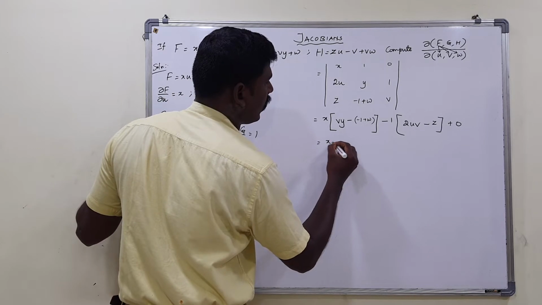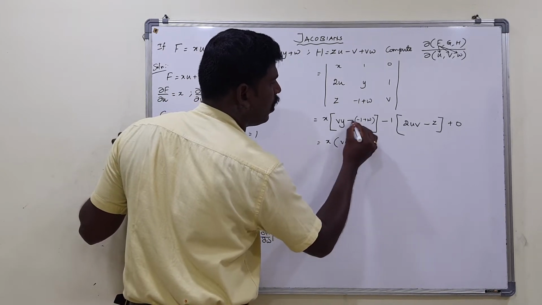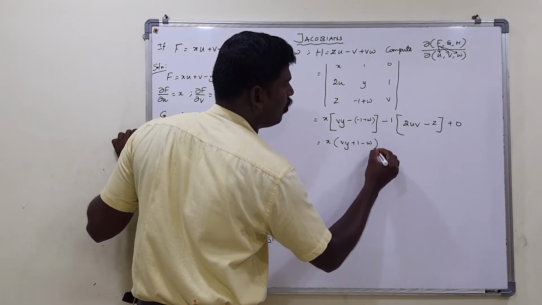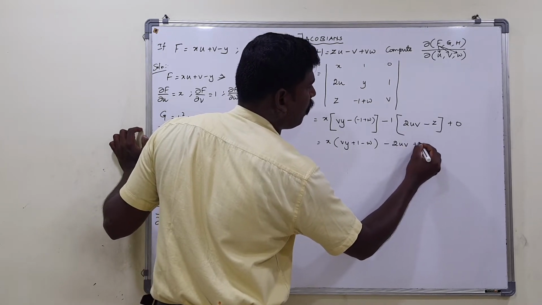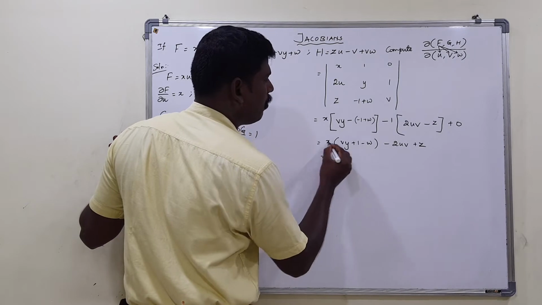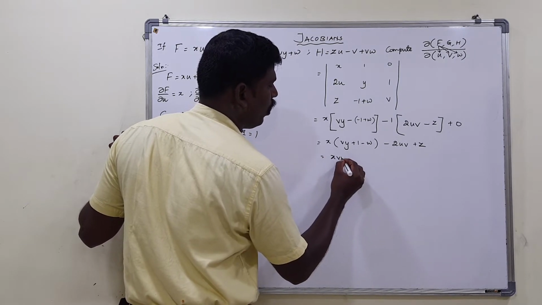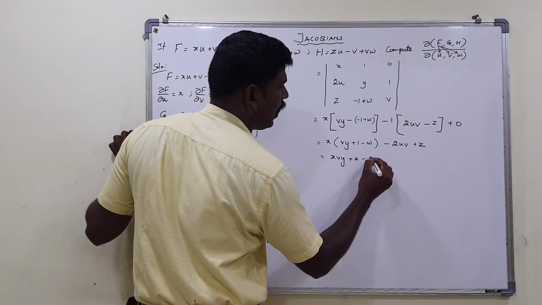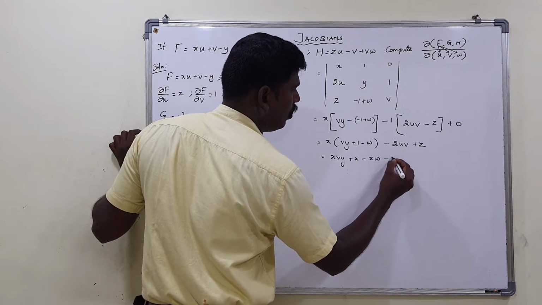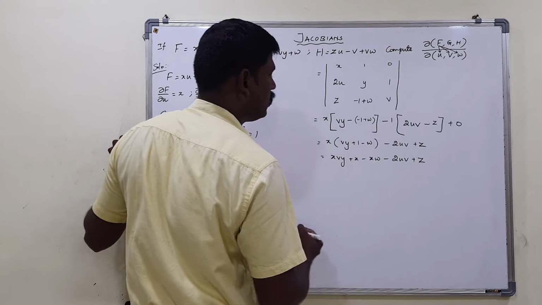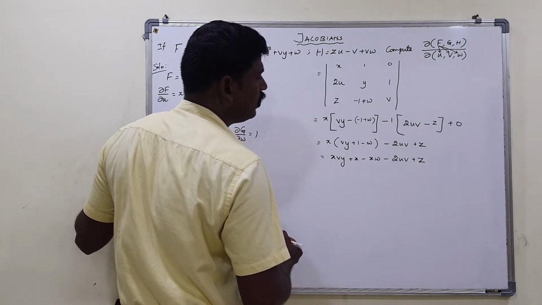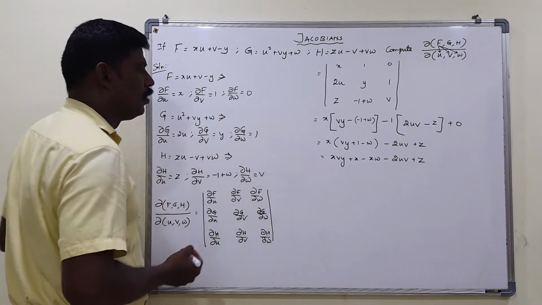So now X into Vy plus 1 minus W, minus 2UV plus Z. Multiplying these out in the bracket: XVY plus X minus XW minus 2UV plus Z. That is the answer for this problem.